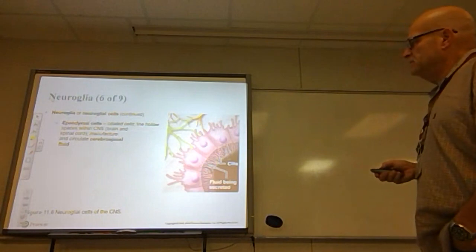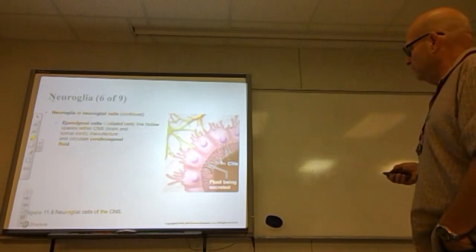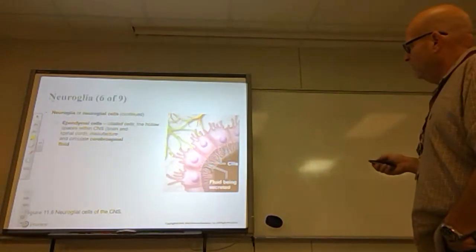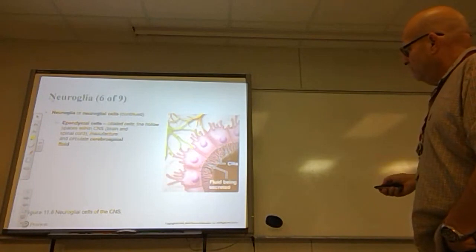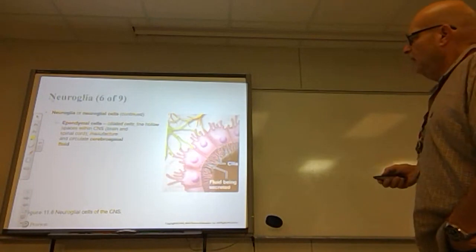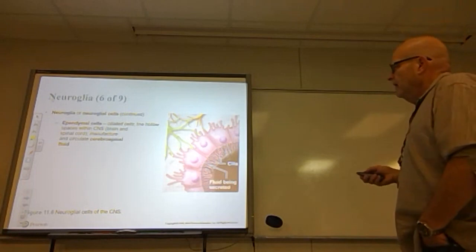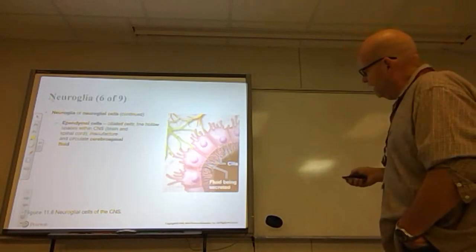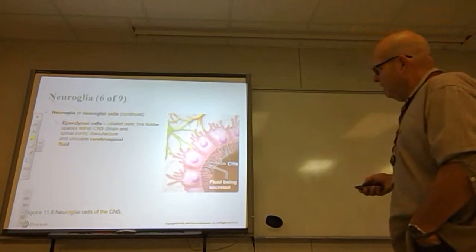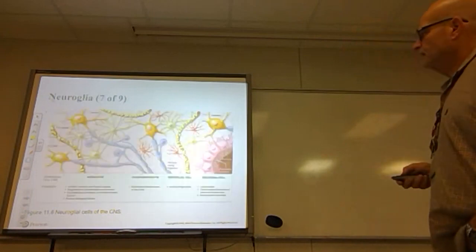They manufacture and circulate the cerebrospinal fluid. So here they are. There's all the other components, and here are the epidermal cells. They get their name epidermal because they look like the epidermal layers of the cell.